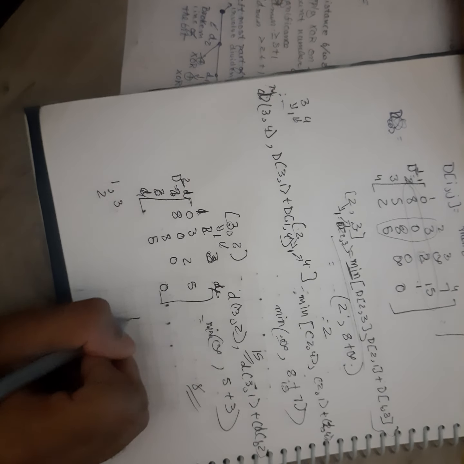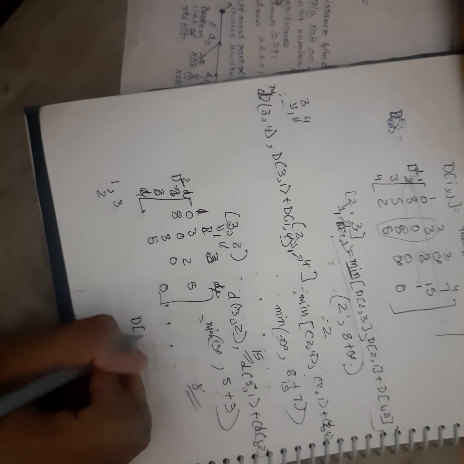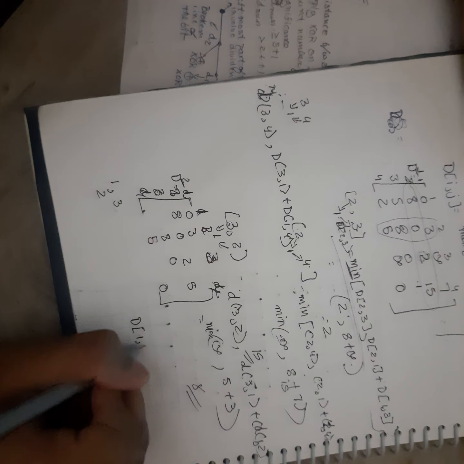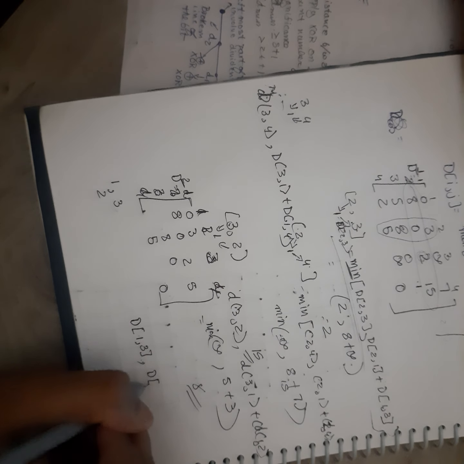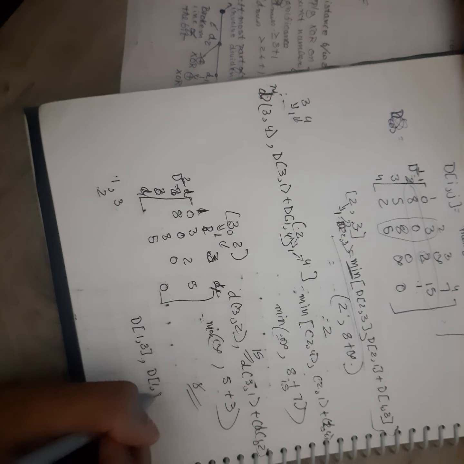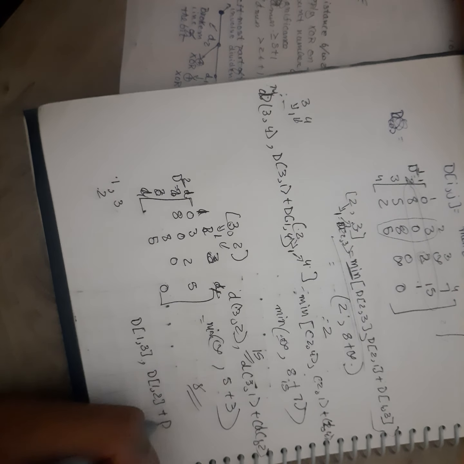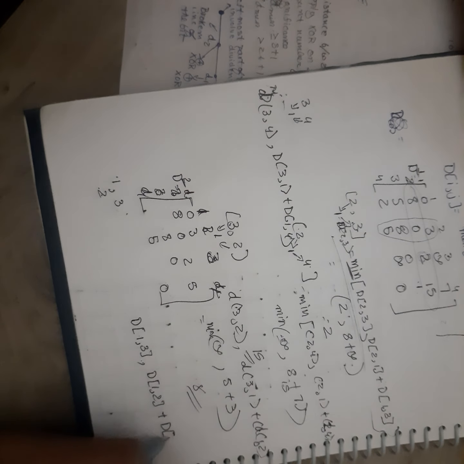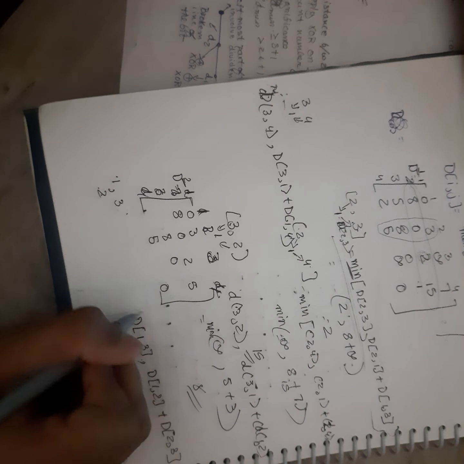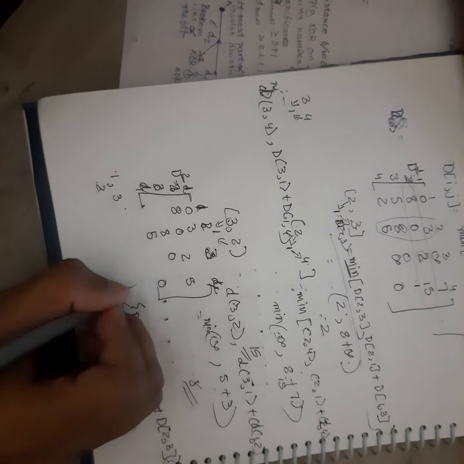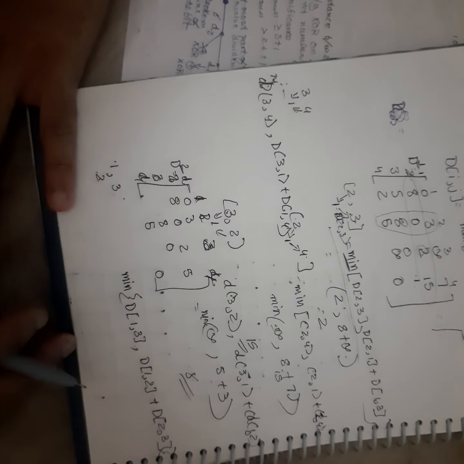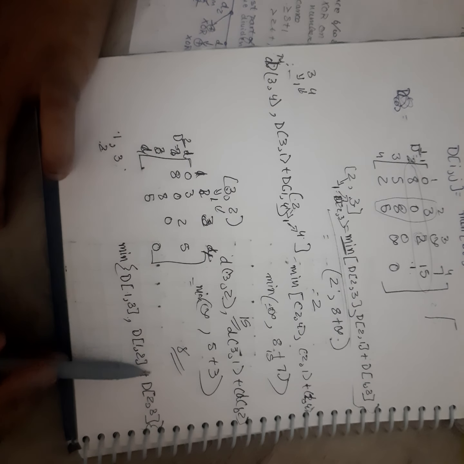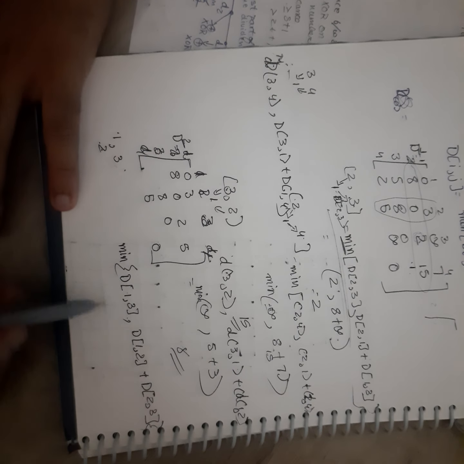So the formula will be the minimum of 1 comma 2 and 2 comma 3. This is the minimum, just simple.